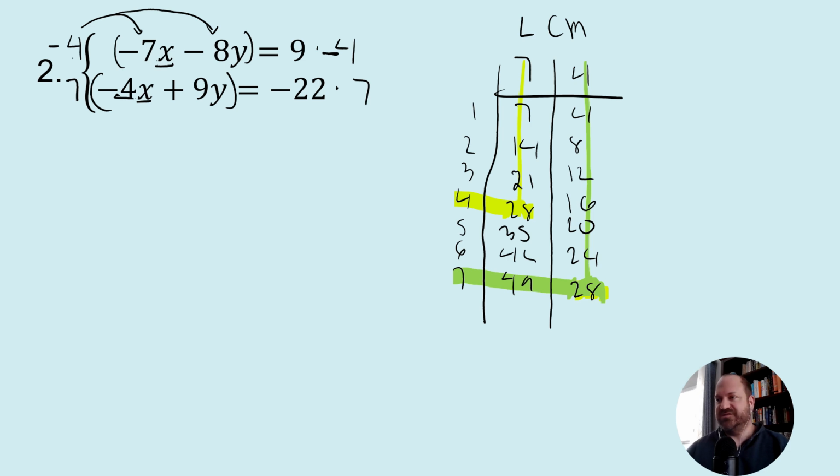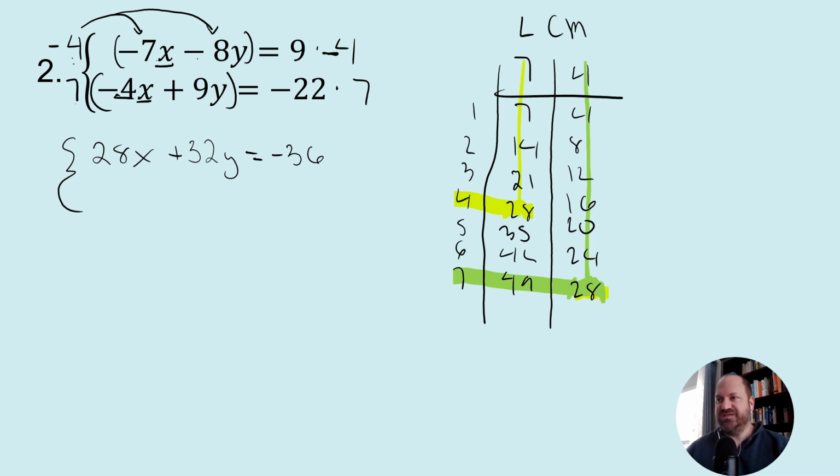Negative 4 times negative 7, I'm going to rewrite the system down here, is going to be positive 28x plus negative 4 times negative 8y is positive 32y equals negative 36.